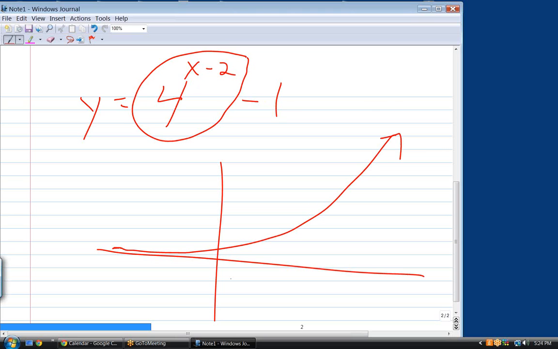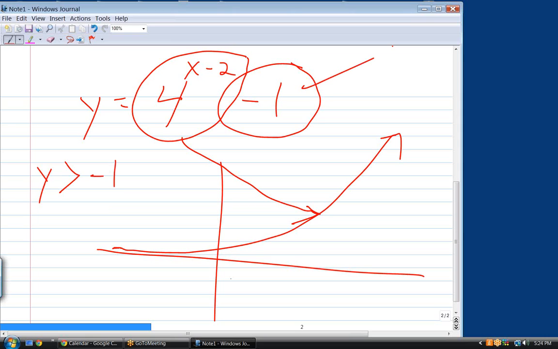So it can go to infinity in that direction, but it can only get close to 0. Well, if this part of it can only get close to 0, then the range can only be at the smallest 0 minus 1. So therefore, y has to be greater than minus 1.